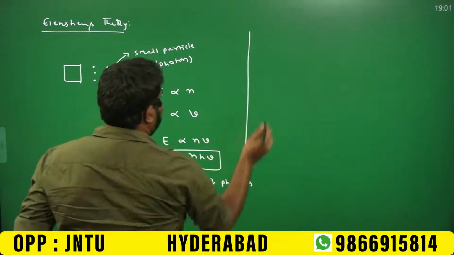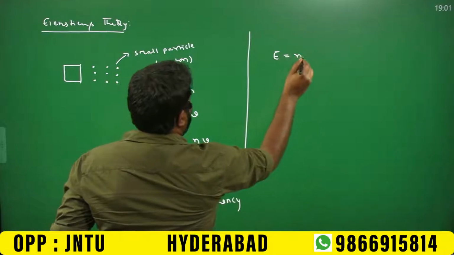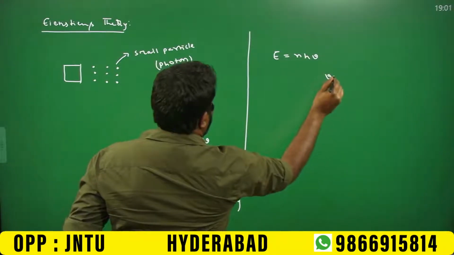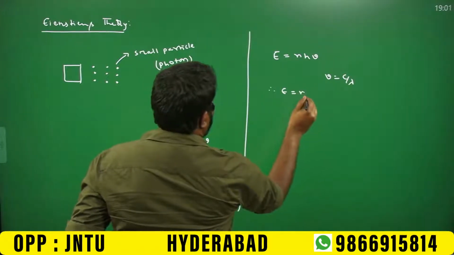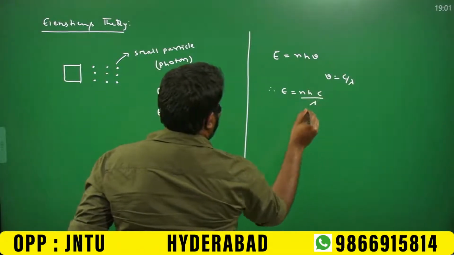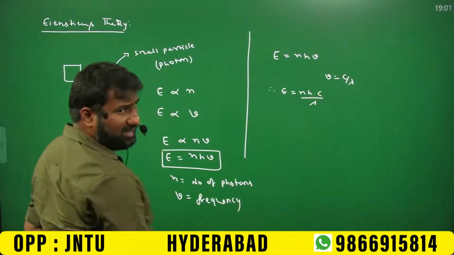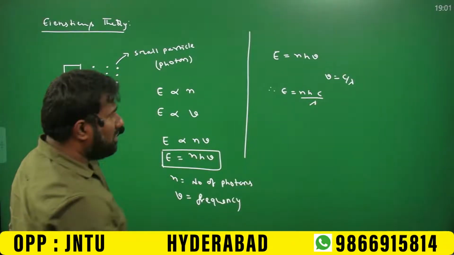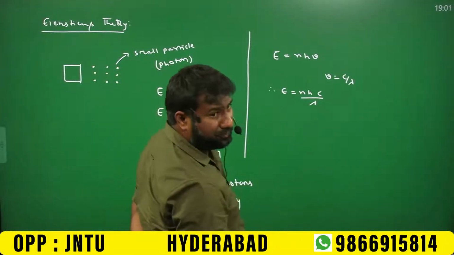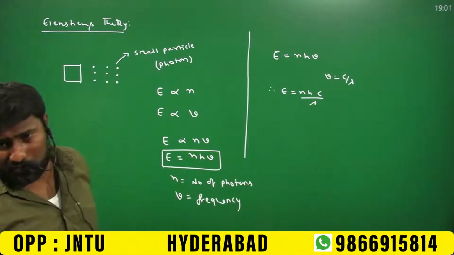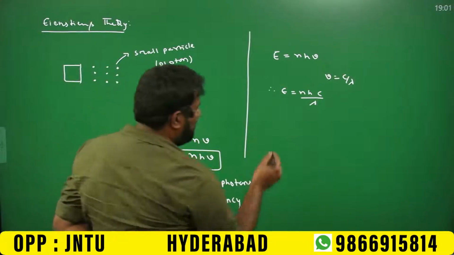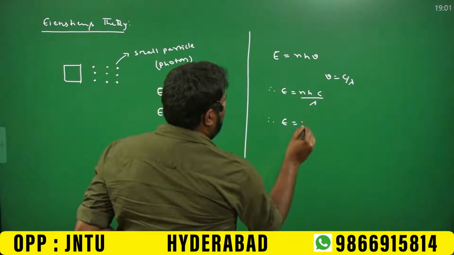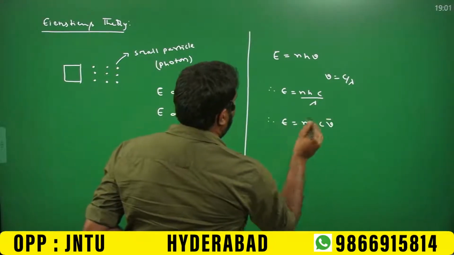Since nu equals c by lambda, E equals N h c by lambda. But 1 by lambda is the inverse of wavelength, the wave number, nu bar. Therefore E equals N h c nu bar.